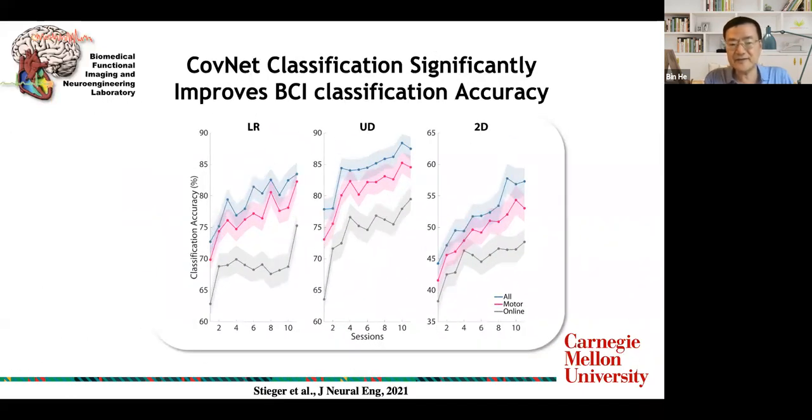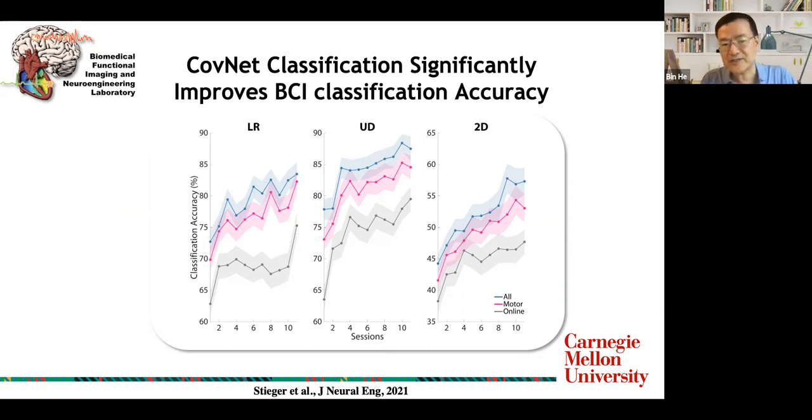With that, this slide illustrates the result. Of course, this is the offline experiment. We compare with the online result, which is the gray bar illustrated here. The pink color illustrates deep learning using 10 electrodes covering the motor cortex, and the light blue color illustrates the deep learning result using all 62 electrodes.